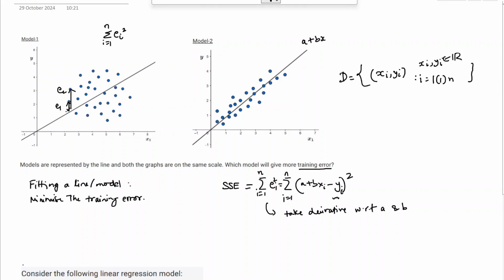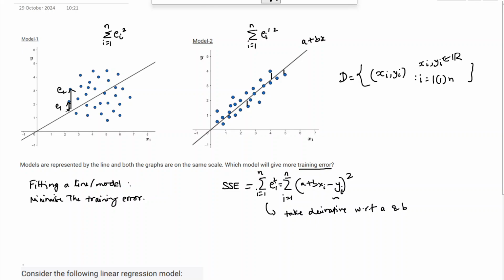Similarly for model 2 also we will have errors, but smaller ones. Observe that in model 2 each of the distances would be smaller. Let me call these ei prime square, with i running from 1 to n.